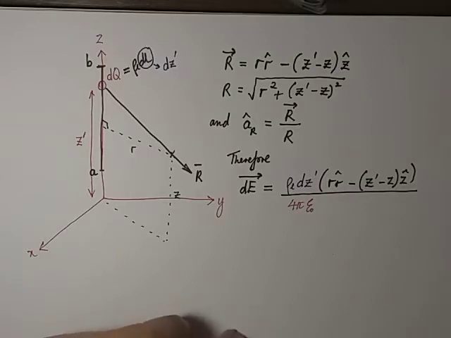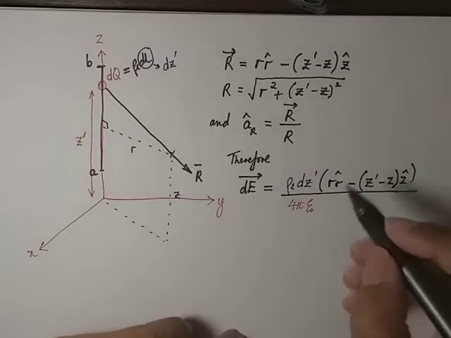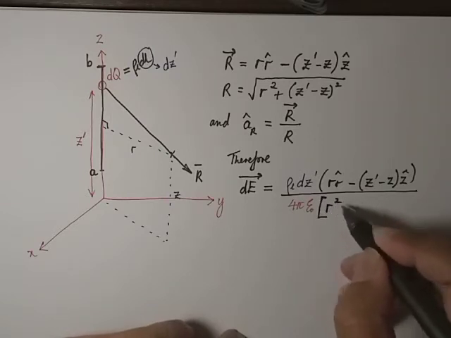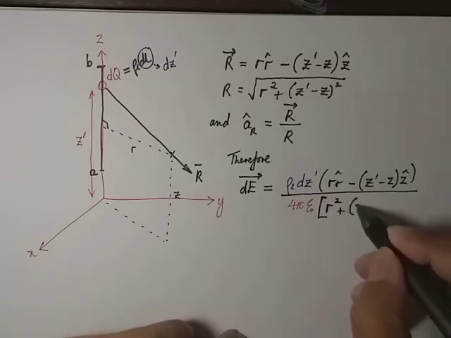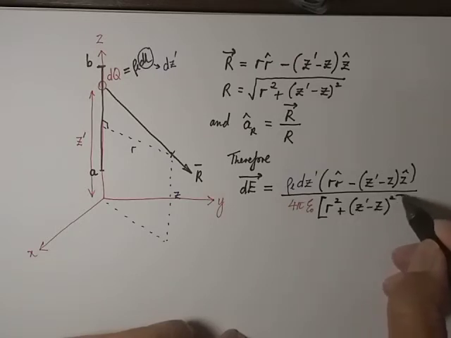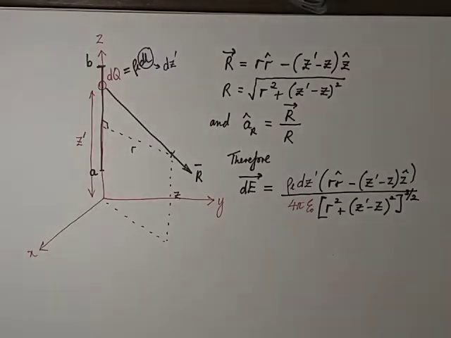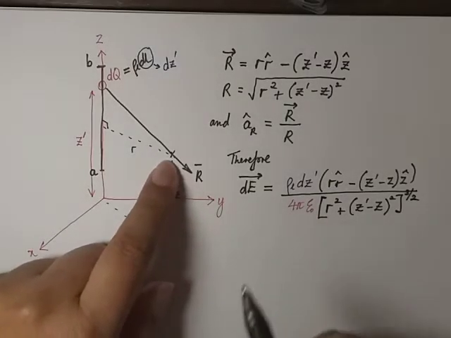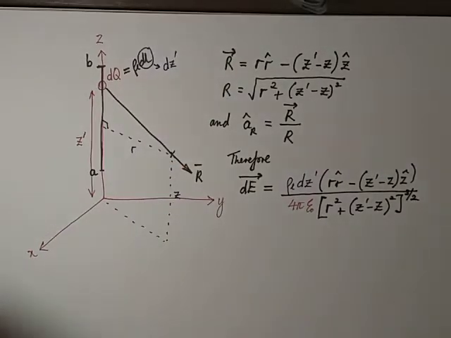And then the r term and the unit vector will give us r square plus z prime minus z square, and then power of 3 over 2. That should be the mathematics of dE at this particular position. That should be the step we always do in a proper, systematic way.